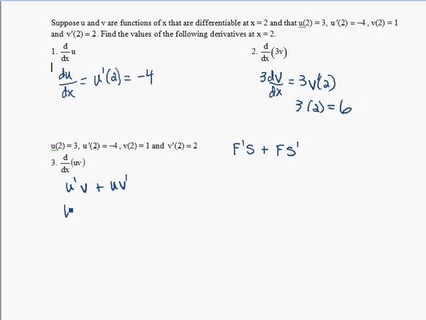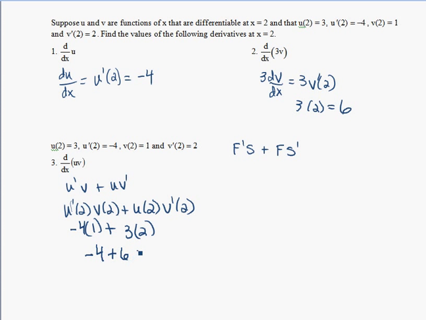Well, we're doing all this at 2, so that's u prime of 2 times v of 2 plus u of 2 times v prime of 2. u of 2 is 3, v of 2 is 1, and v prime of 2 is 2. Where u prime of 2, I made a mistake, u prime of 2 is not 3, it's -4. So that gives me -4 plus 6, which is equal to 2.